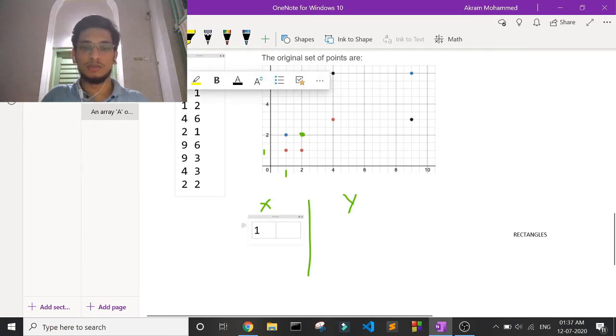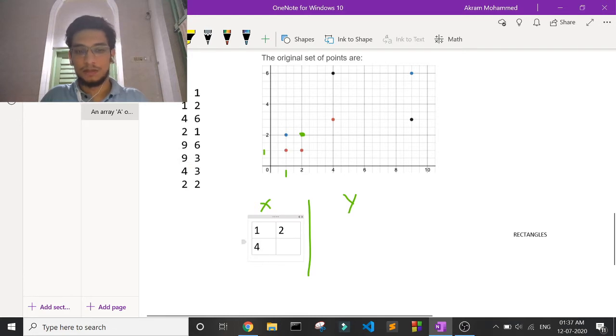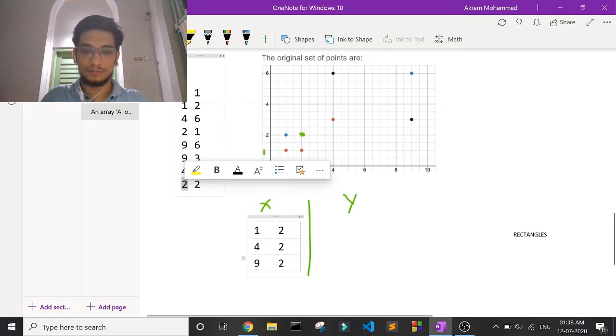So we have 2 ones with us. Okay, so this is the count. This is the key. How many 4s do we have? We have 2 4s with us as well. How many 9s do we have? We have 2 9s. And we also have, what else? 1, 4, 9, and we have 2 2s with us.